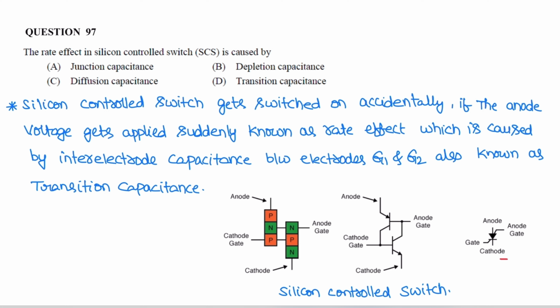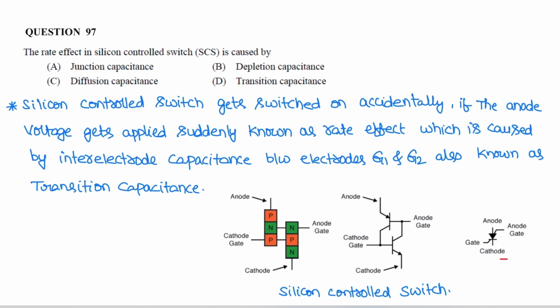Now this silicon controlled switch gets switched on accidentally if the anode voltage gets applied suddenly, known as rate effect. So the definition of rate effect is: the SCS gets switched on accidentally if the anode gate voltage is applied suddenly, which is caused by the inter-electrode capacitance between the electrodes G1 and G2, also known as transition capacitance.